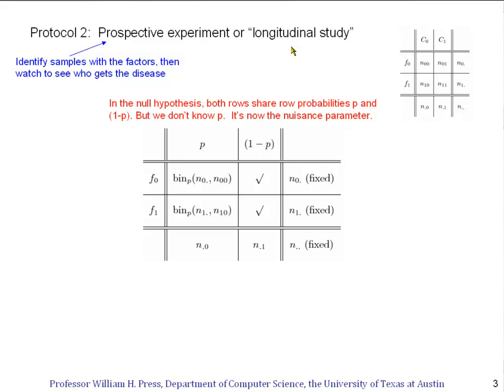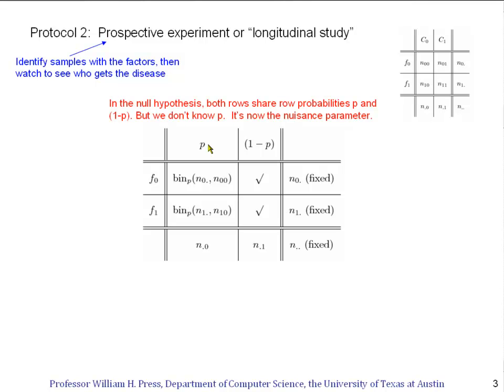Now the nuisance parameter here occurs over the columns. In the whole population, we don't really know what fraction of the population is going to get the disease, and only by assuming a value, p, for that parameter, are we able to actually compute the probability of the table.